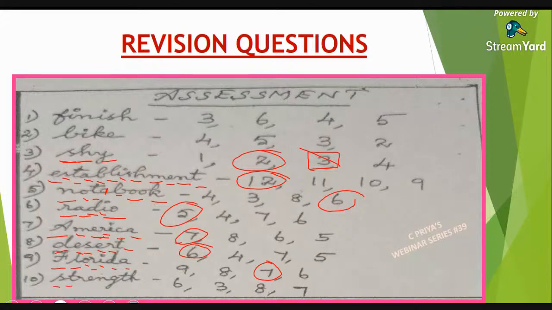S, T, R, E, ng. Ng is the 5th sound. It is the 6th sound. So we have 6. This way we have recalled. You can take a screenshot.